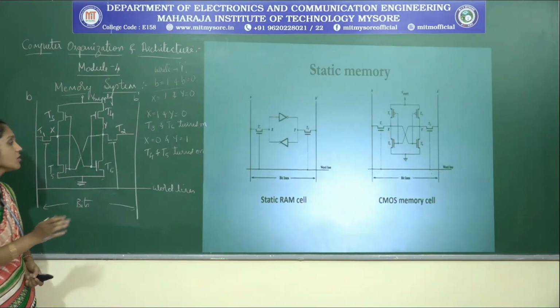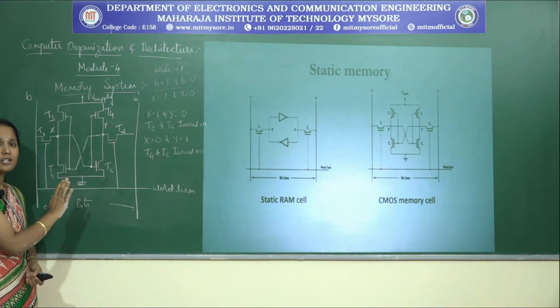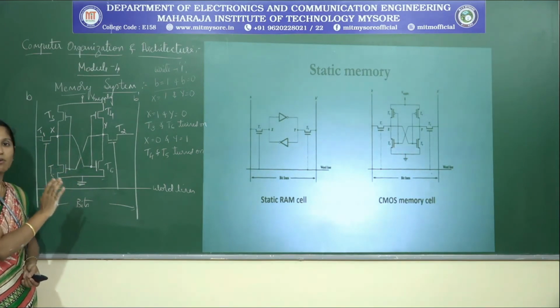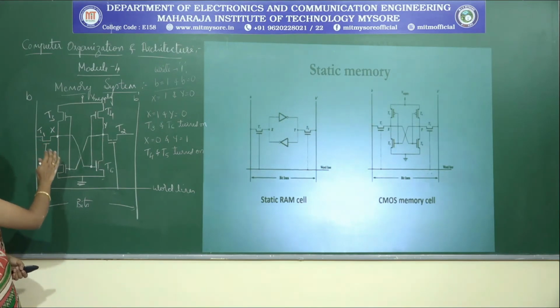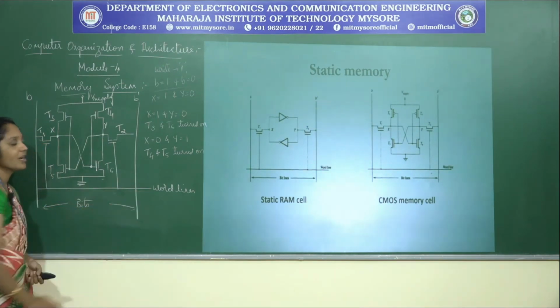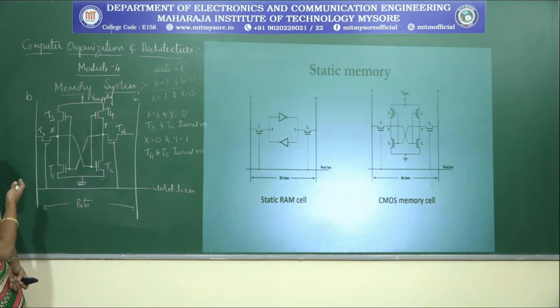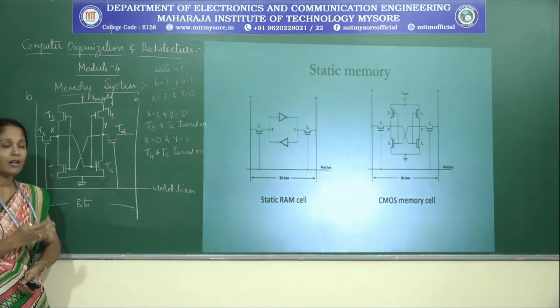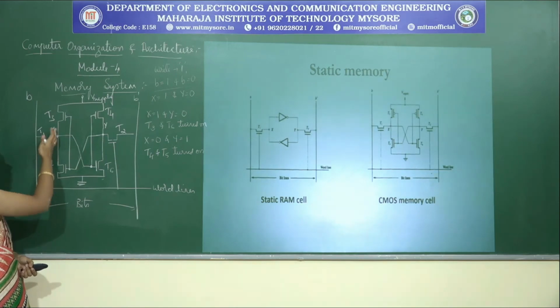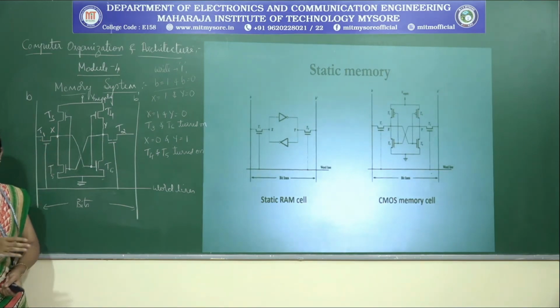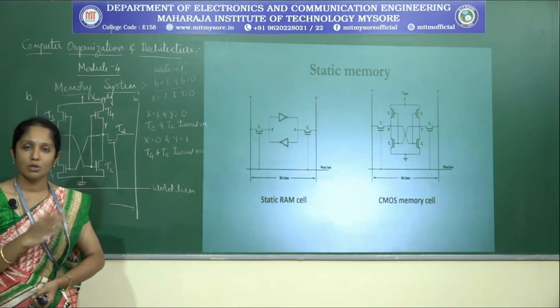Considering the operation, whenever we want to read, we make this word line active so that the transistors T1 and T2 are turned on, and then depending on the nodal value, it is going to be copied, it is going to be sensed.